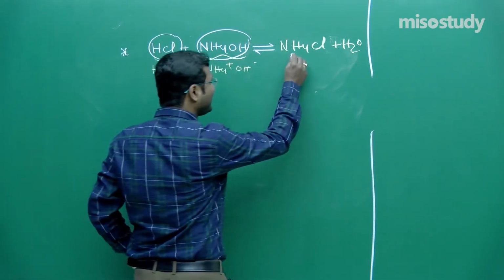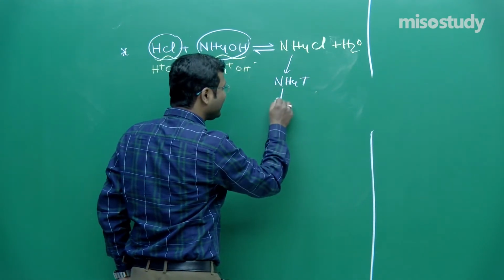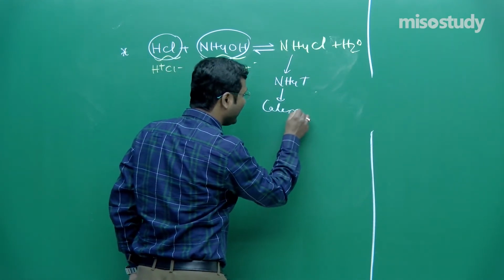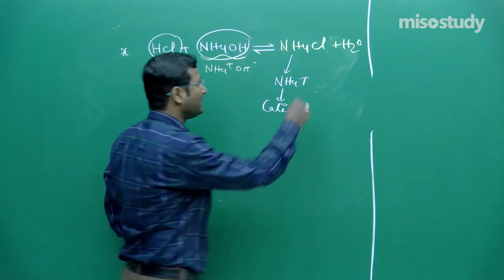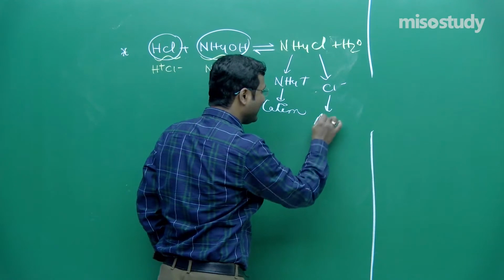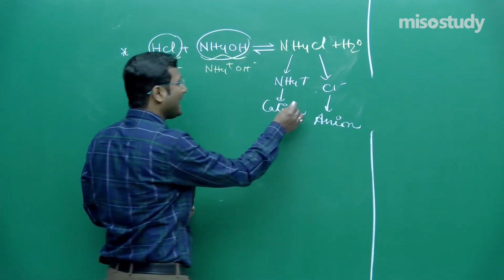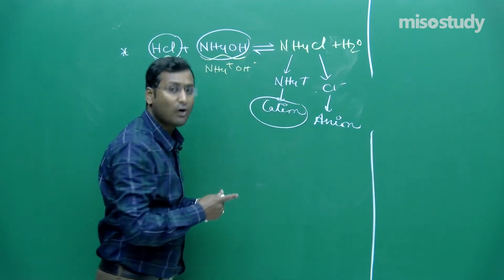Now, if I break it, you can write NH4 plus, that is the cation, and Cl minus, that is the anion. Okay friend? So what will happen? The cation of the salt reacts with water.